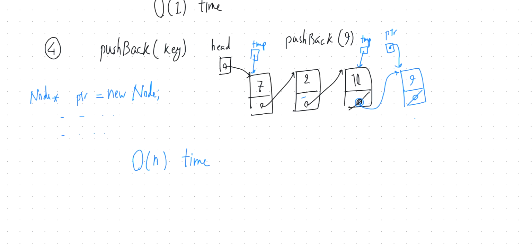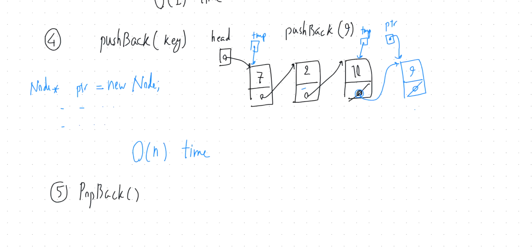Next, we have popback. So 5, popback. So removing the last node, again, I don't want to go into the details of this one because we are going to repeat this when we are implementing it, but you get the idea now, right?